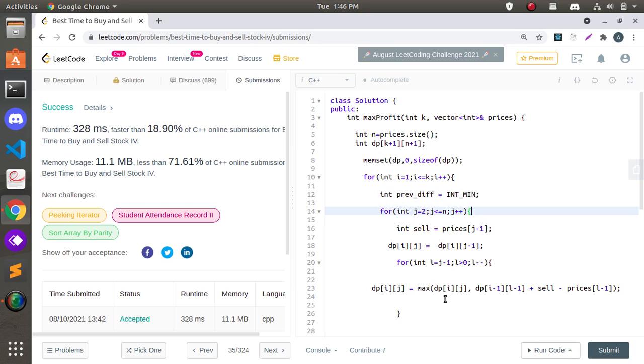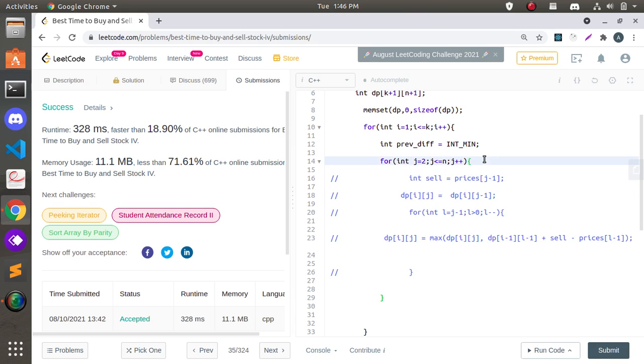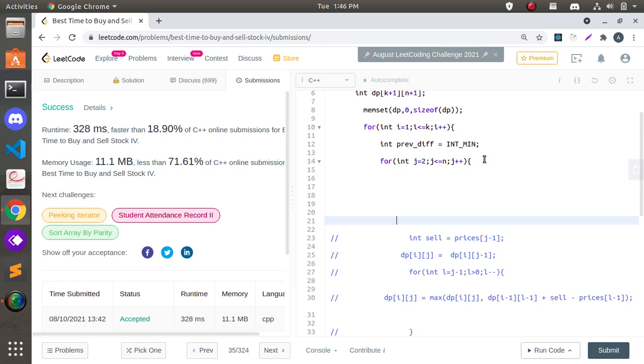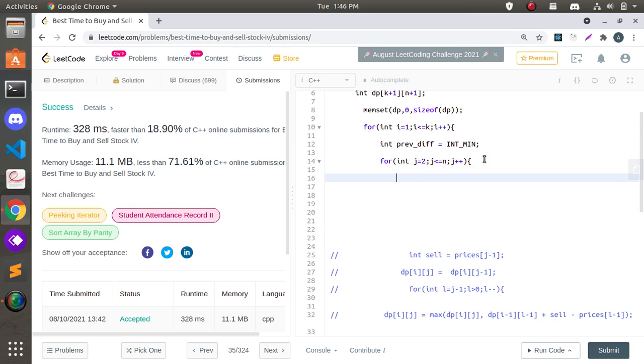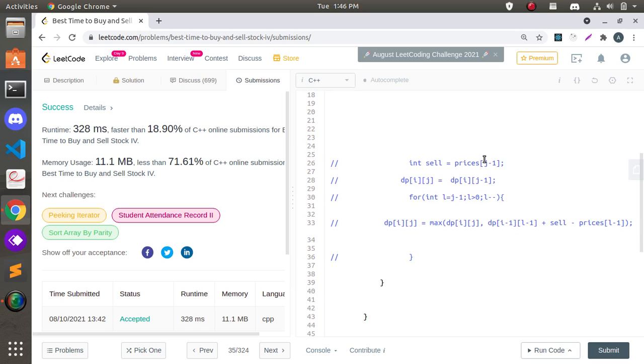Now let's not delete it, let's comment it out, which is much easier to understand. So what we will do is try to make that part maximum, right?